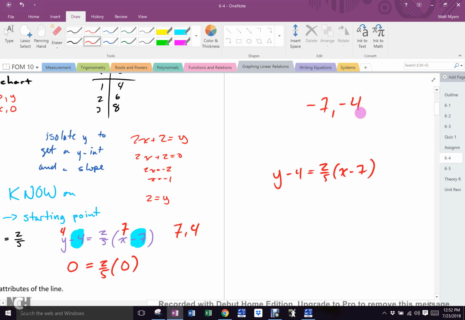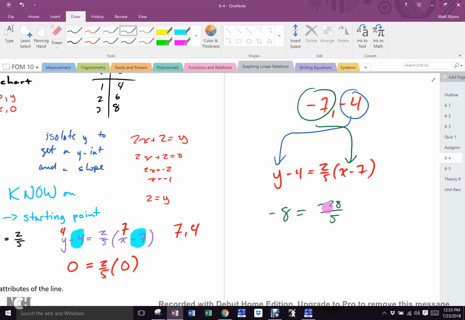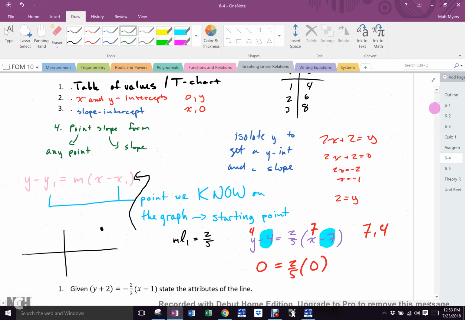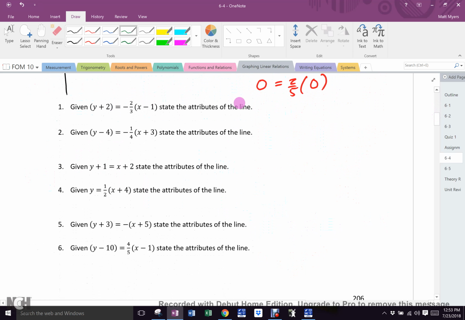Now, if that were true, what would happen when I put that in for y and that in for x? What is -4 minus 4? -8. What is -7 minus 7? -14. Times 2/5 is -28 over 5, correct? Does -8 equal -28 over 5? No. Everybody understand? Good.